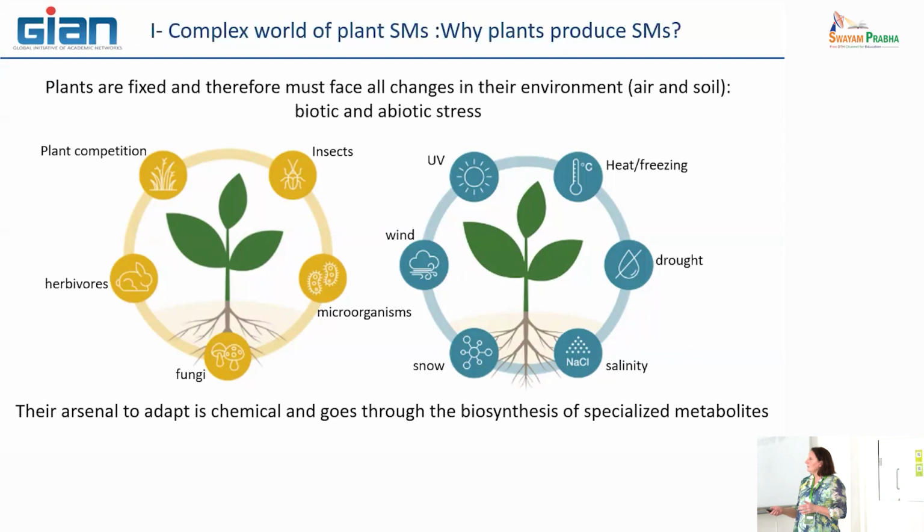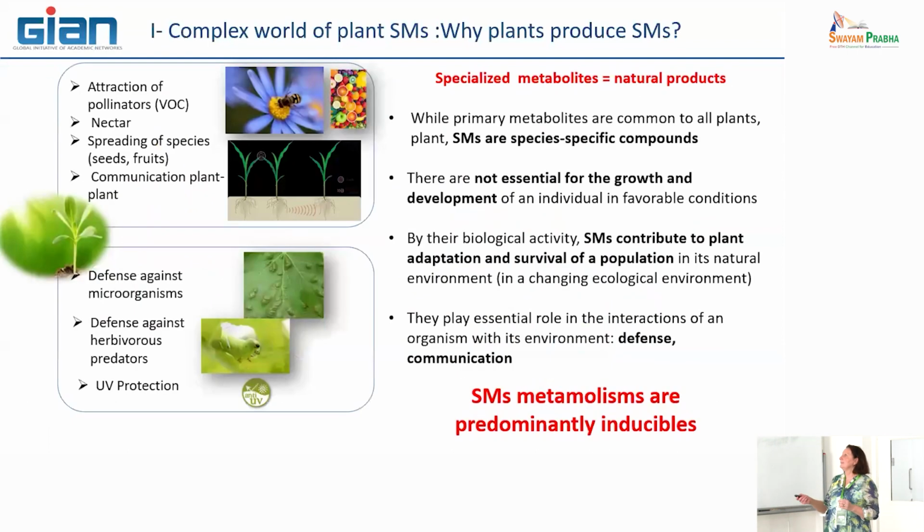And here is the list of the types of mechanisms that are able to induce this type of metabolite. But what is also important to keep in mind is that while primary metabolites, lipids, carbohydrates, and so on, are common to all plants because they are essential for the development of the plant, specialized metabolites are more specific compounds.